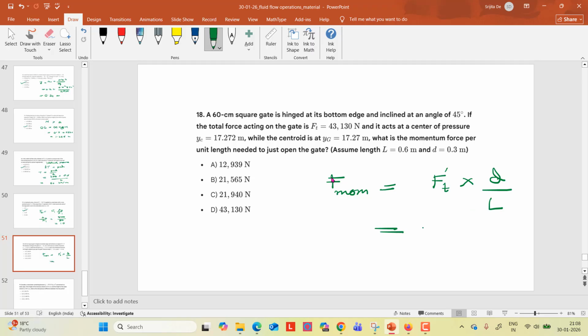So it is 43130 into 0.3 by 0.6. It is coming as 21940 Newton.